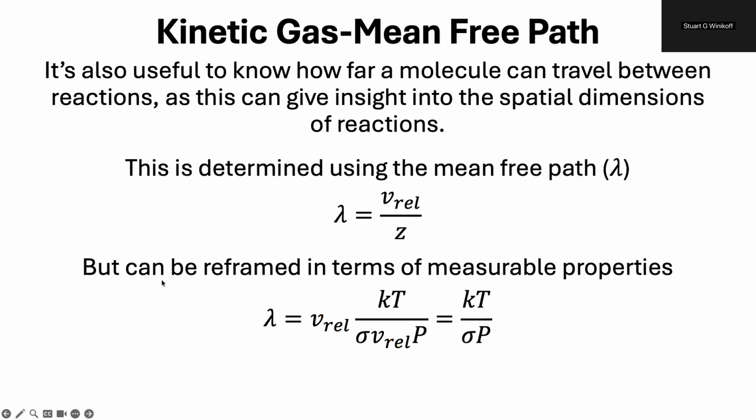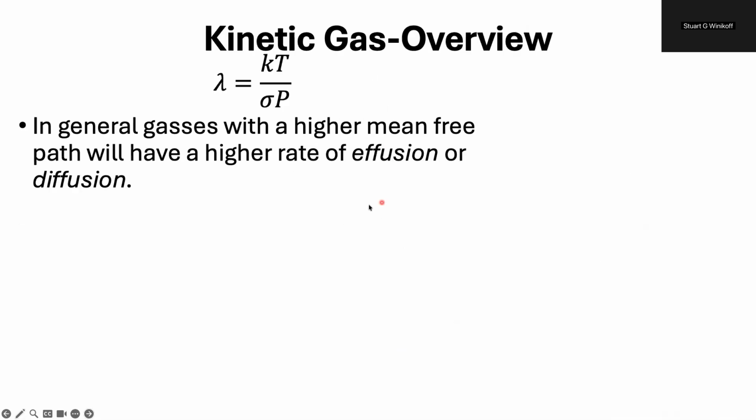So using this, we can figure out this mean free path is going to be highly related to something called the rate of effusion, which is more commonly known as diffusion. Effusion is literally just how fast a gas diffuses into an environment. So it's a gas-specific environment.